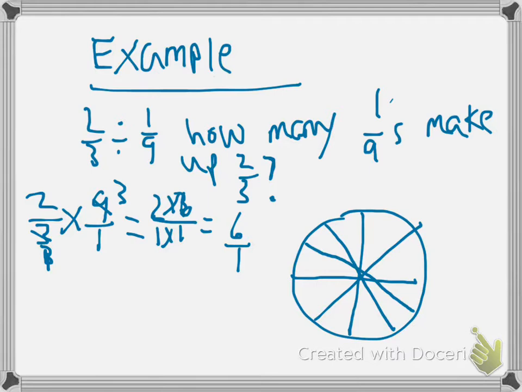And you shade 6 of them equal parts to show 6 1/9. 1, 2, 3, 4, 5, 6. And there it shows that 6 1/9 make up 2/3.